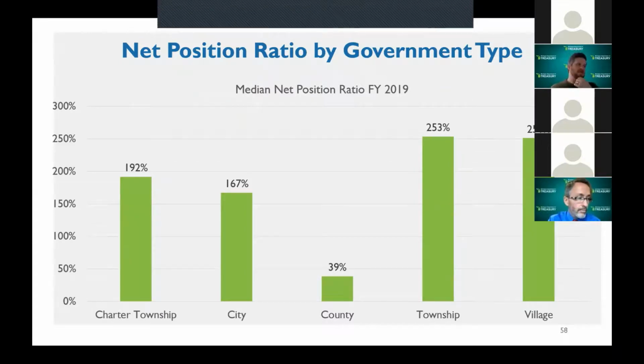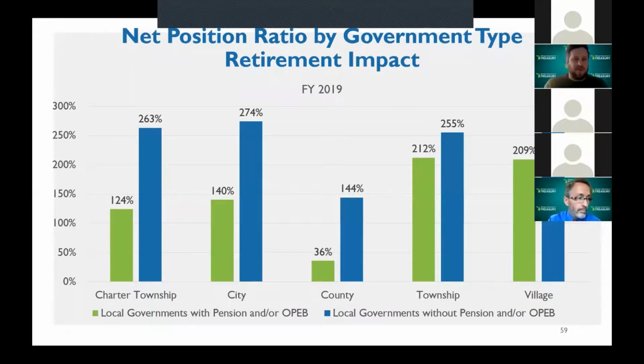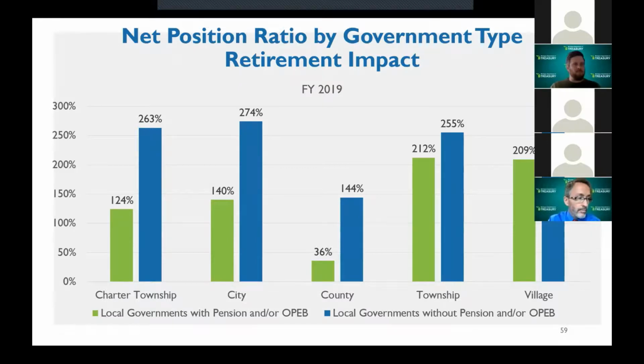Next slide, please. We had mentioned previously that one of the factors for a decrease in net position ratio was due to pension and OPEB liabilities being included in the financial statements. This takes a look at what the medians are for local governments that have pension and OPEB liabilities versus those that do not.